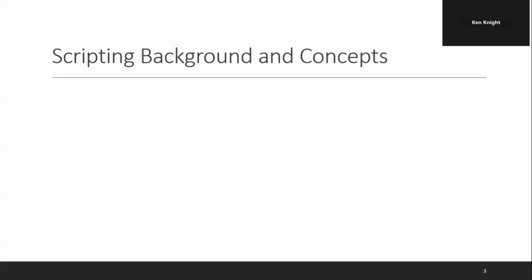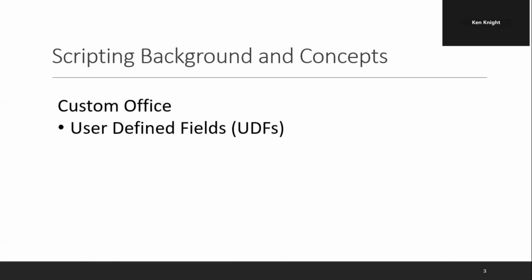So let's talk a little bit about scripting background and concepts. All of this really is housed within Custom Office. So many of you are familiar with Custom Office because either you or we for you have provided some user-defined fields that you required in your system to capture data that the system doesn't do out of the box.